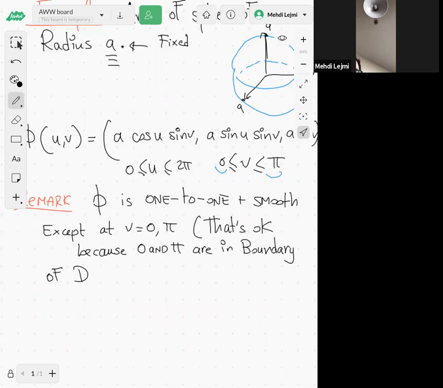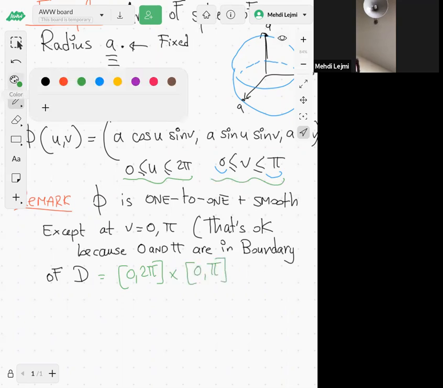Again, D is the region here, so U is from 0 to pi, cross V from 0 to pi. For this, we need the hypothesis that the parameterization is 1-to-1 and smooth, except at the boundary.